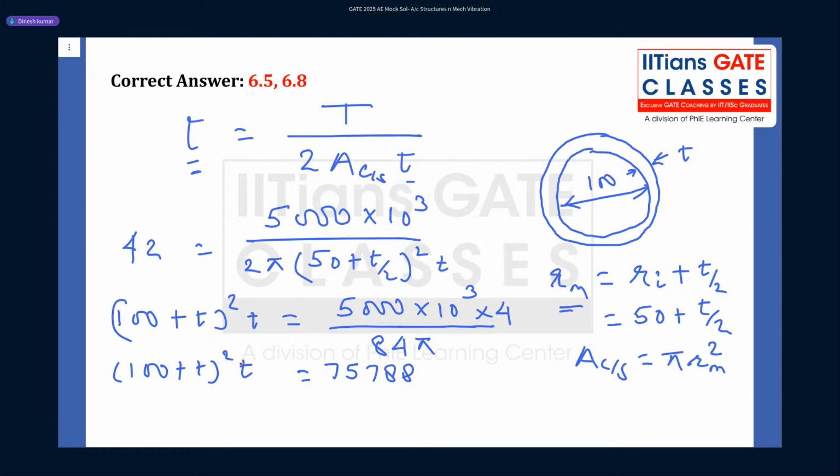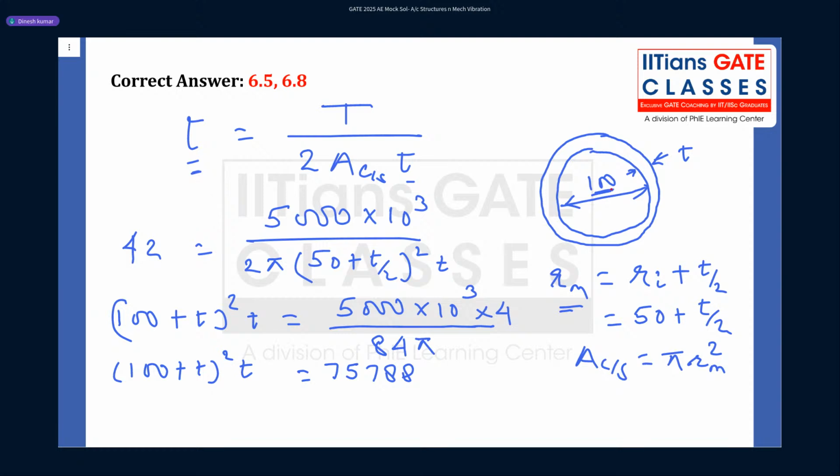I'll tell you how to solve this question, because we don't know what the value of t can be. I will tell you one way, guys. Here they gave the inner diameter as 100, so usually we can neglect the t cube term, the higher order term.